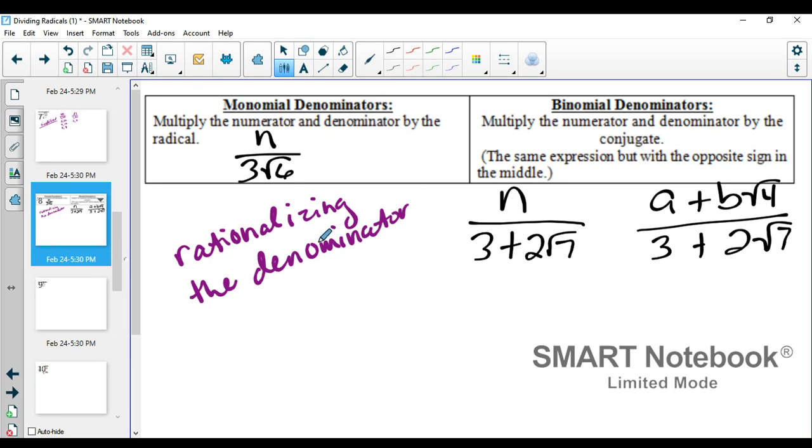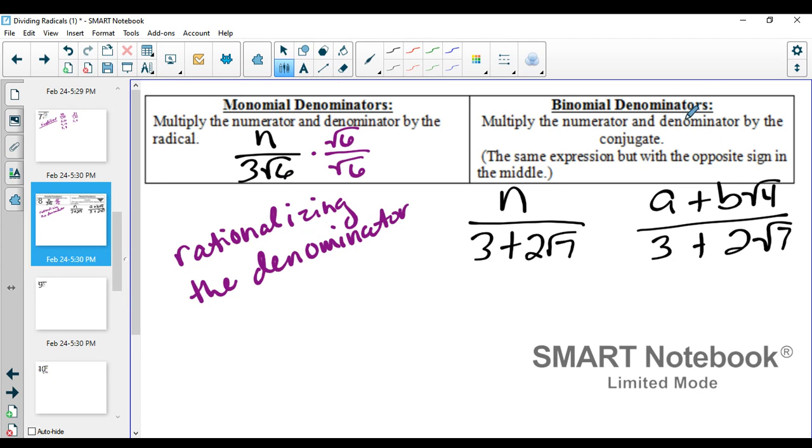And so what you do to rationalize the denominator is if you have a single monomial in your denominator, like this 3 square root of 6, what you would do is multiply both the numerator and the denominator by that radical. So in this case, we'd multiply the square root of 6 over the square root of 6. Okay. So that's if you have a single monomial in the denominator.